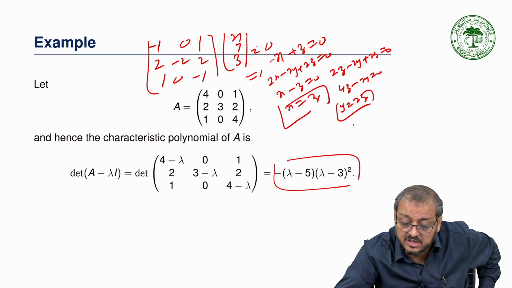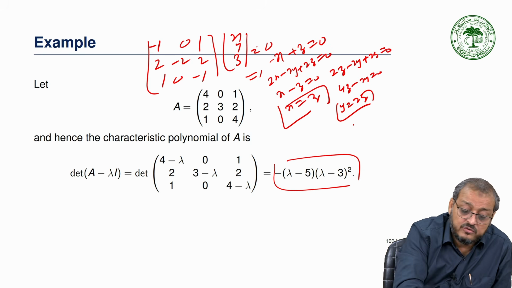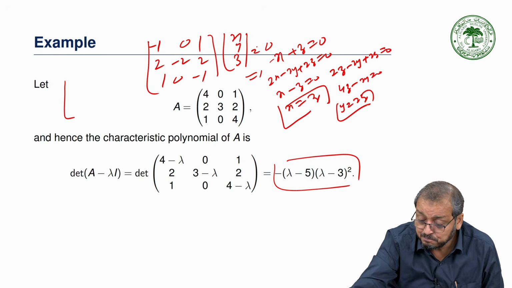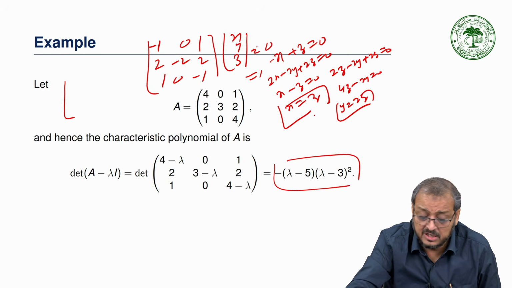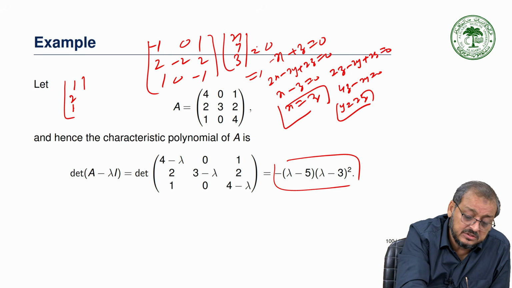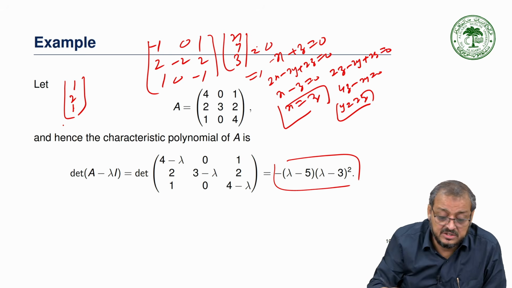If we take z equal to 1, then for the first column corresponding to lambda equal to 5, x is equal to 1 and y is equal to 2. So this is the corresponding eigenvector in this form.